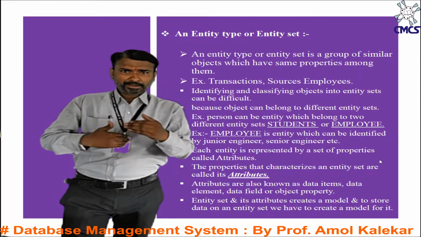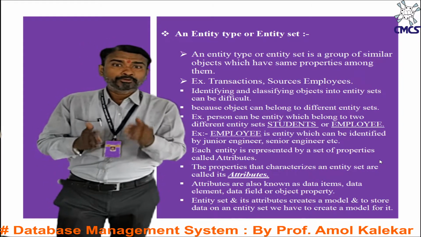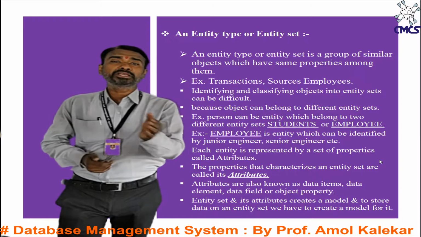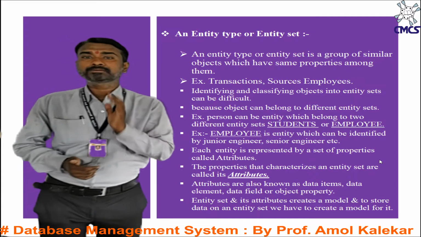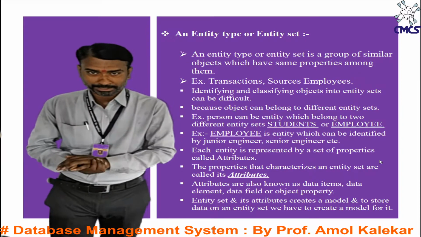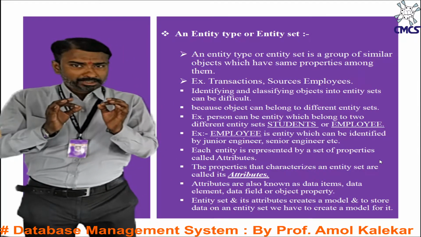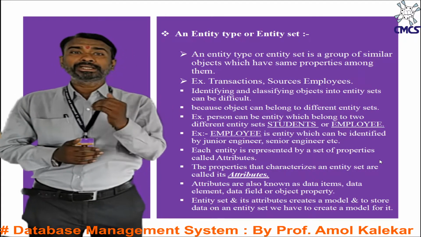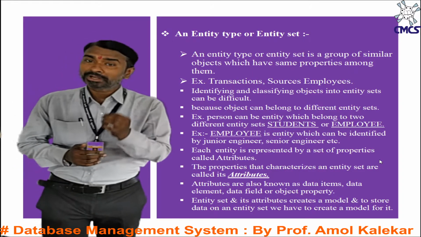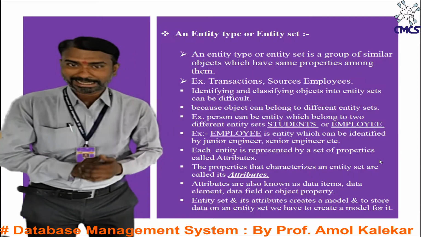Whenever we are trying to store the data relative to the entity set, we have to identify each and every attribute of those entities as well as of those entity sets. So the attributes are the characteristics or properties which give us detailed information about an entity or an entity set.